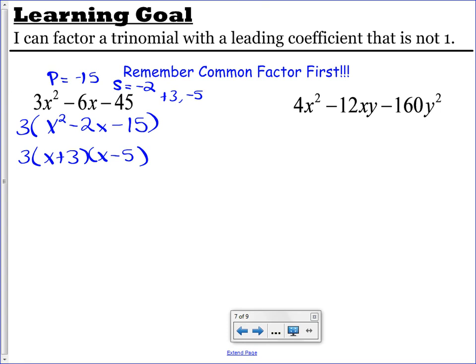If I do this next one here, can I common factor first? What can I common factor out? Can someone tell me? What do you get? Austin? Okay, so what am I left with, Austin, when I common factor out a 4?